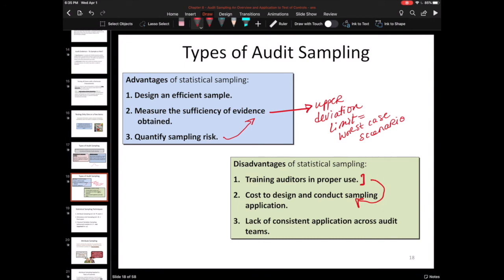And then what you may also see is a lack of consistent application across teams. So in one team, you might see them using 90% confidence limits. In another team, you might see 95% confidence limits. In one team, they could have tolerable error rates for controls of 10%, whereas another would have 5%, another has 7%.